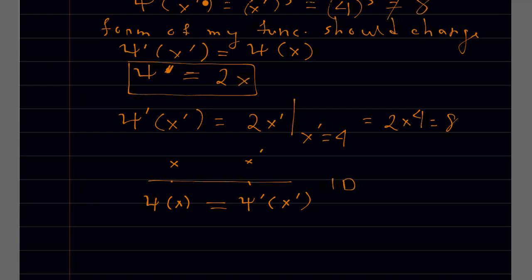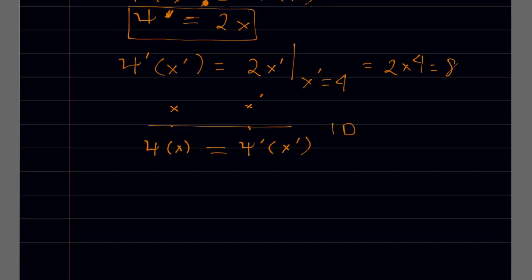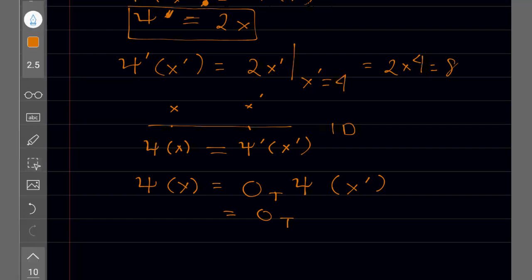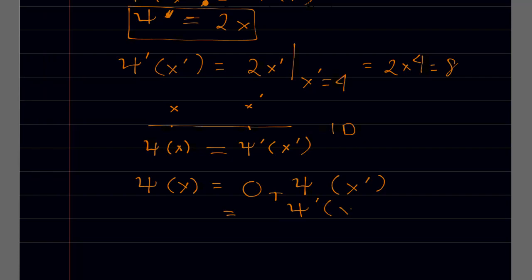Okay, so now what I can do is, I'll say that psi of x equals the operator acting on psi at x prime, that equals psi prime of x prime.